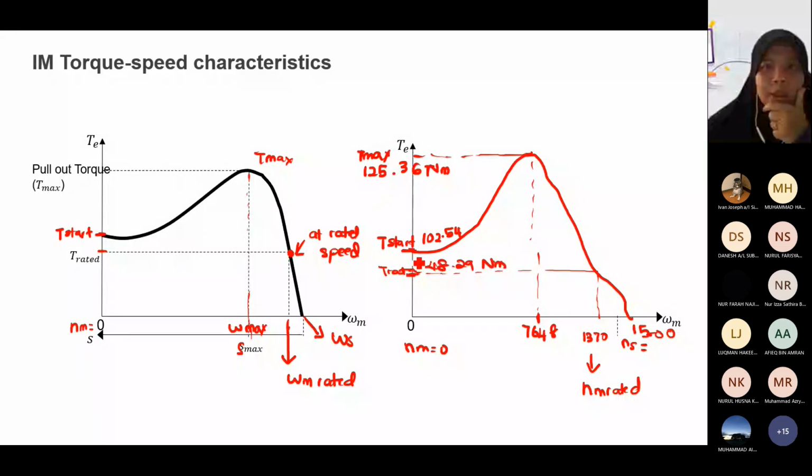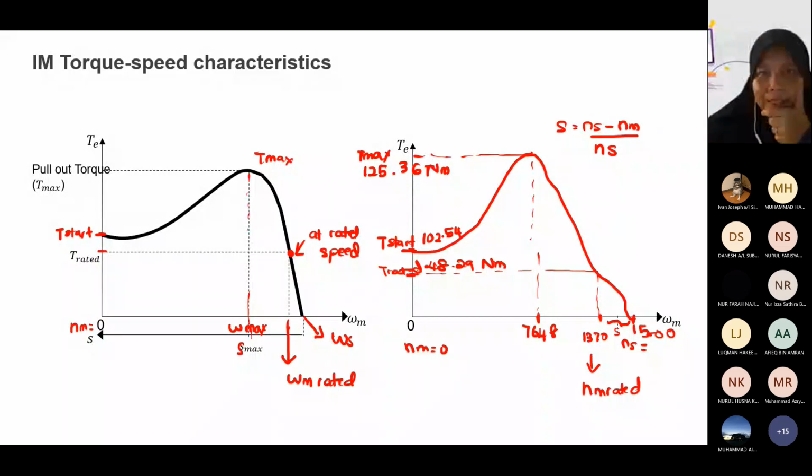So you ada maximum torque, your starting torque and rated torque. So how to calculate your slip? Slip is equal to NS minus NM over NS, kan? So this is your NS. Okay, slip is the difference between the synchronous speed and the operating speed. So this is the calculation for the slip at rated.